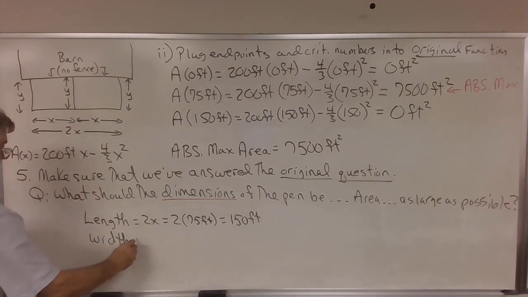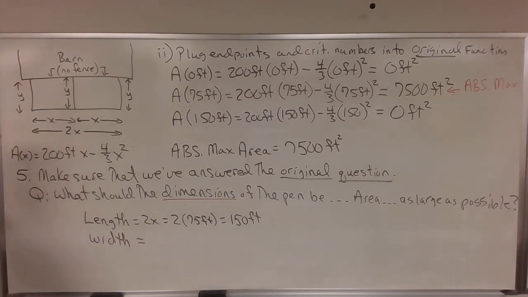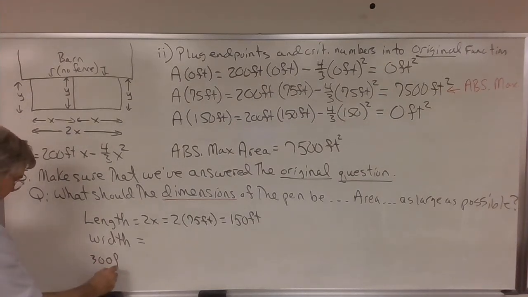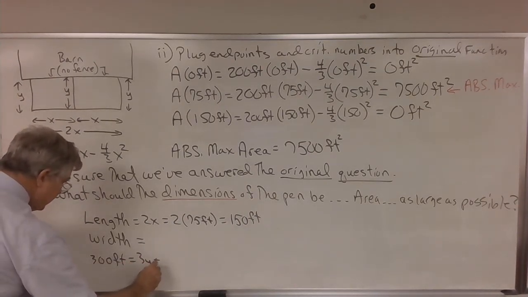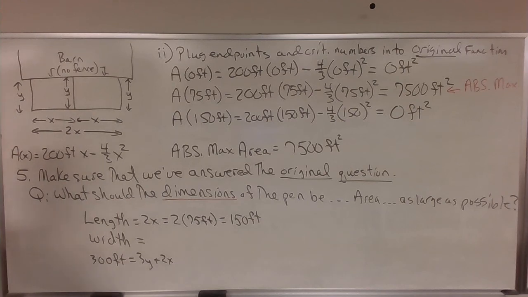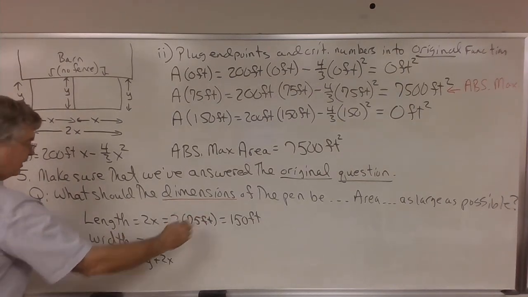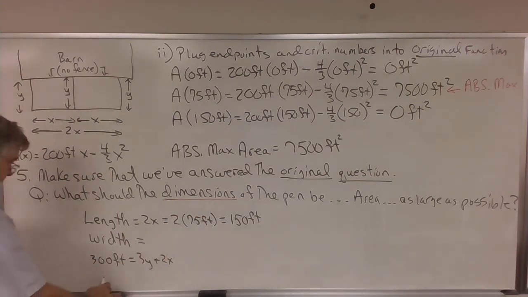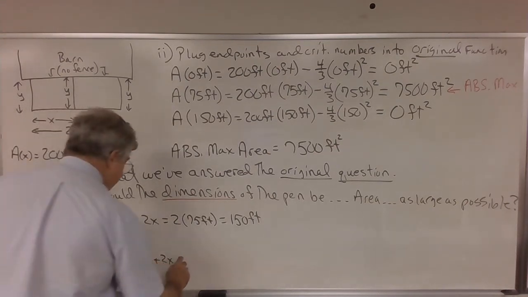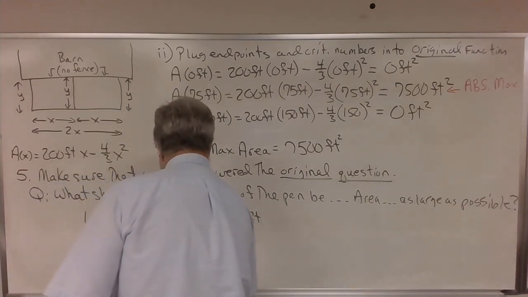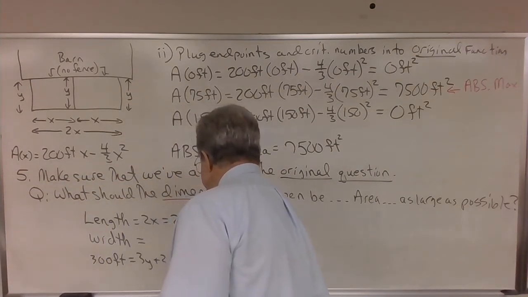And what about my width? Well, let's see. I did have 300 feet equals 3y plus 2x, right? And 2x is 150 feet. So that means that this is 3y plus 150 feet.